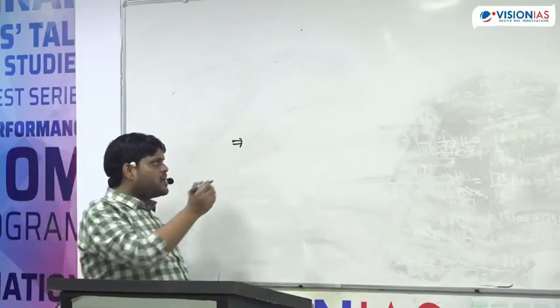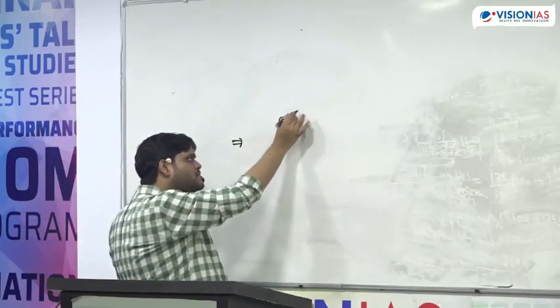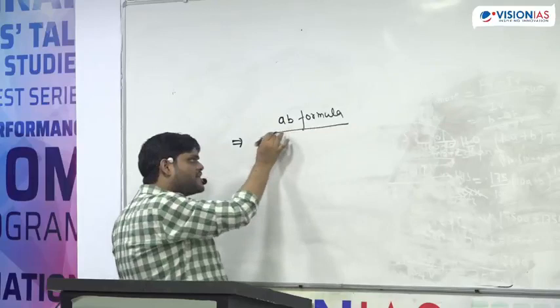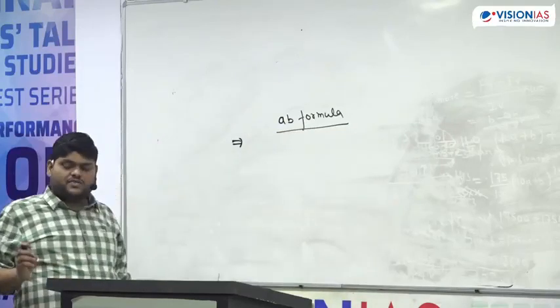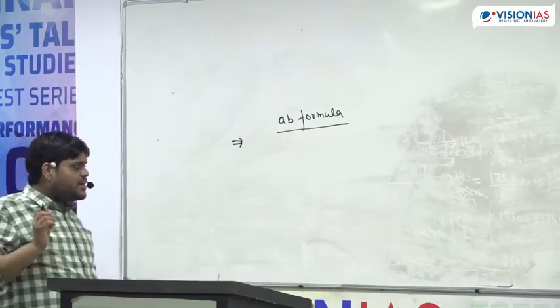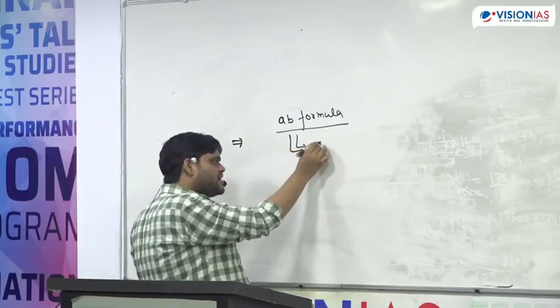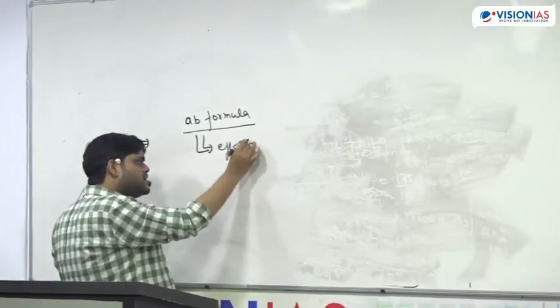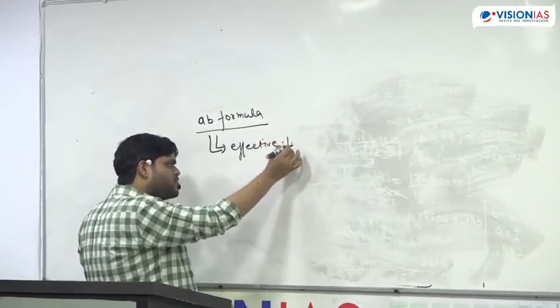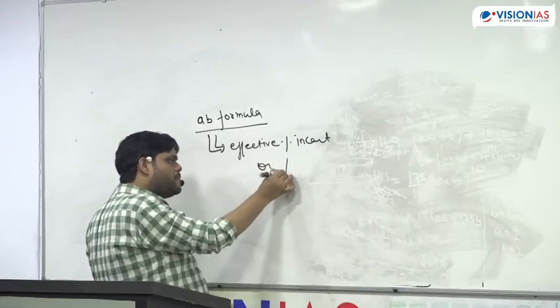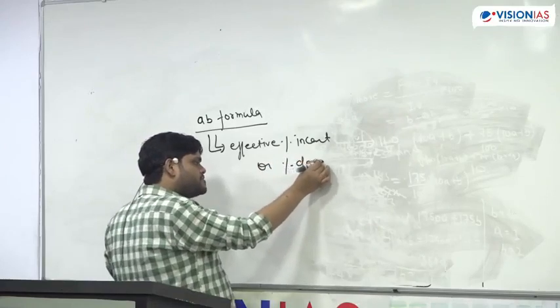So the formula is the AB formula. What is this AB formula? This will give us the effective percent of increment or percent of decrement.